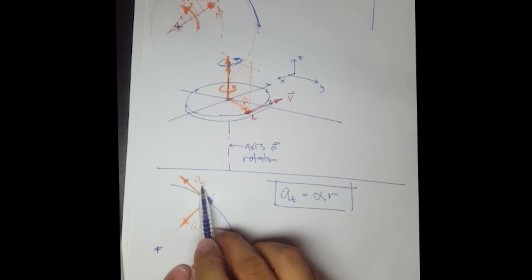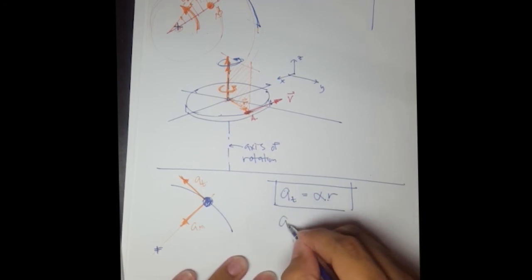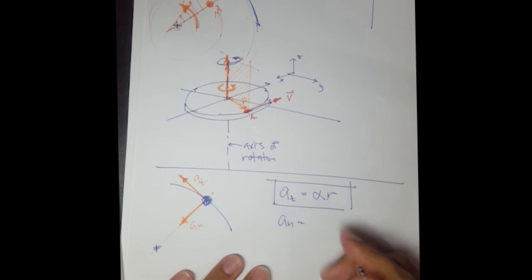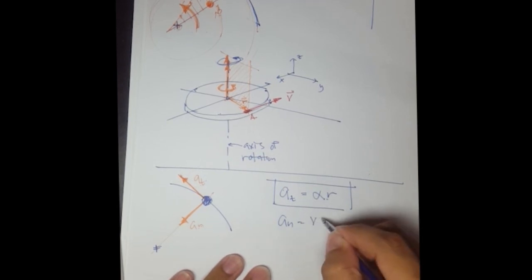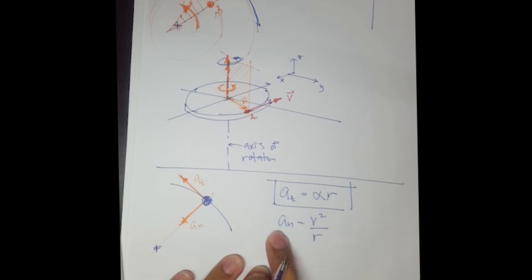The tangential part is also directly proportional to the radius. Recall that our equation for the normal acceleration is v squared over r.